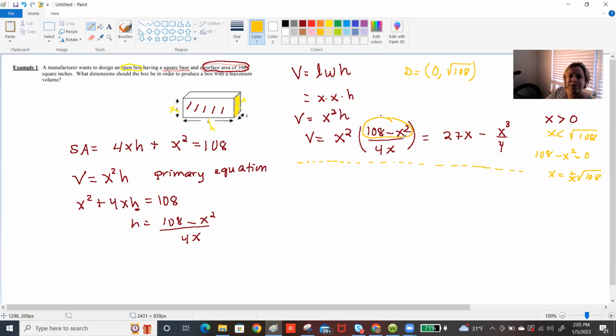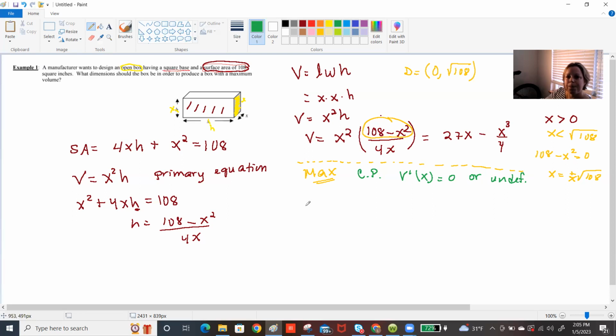Now when we talk about maximums, what do we think about? We're in calculus, so hopefully you said critical points. That's where the derivative equals 0 or is undefined, and then we check to verify whether one of these is a minimum, a maximum, or neither.